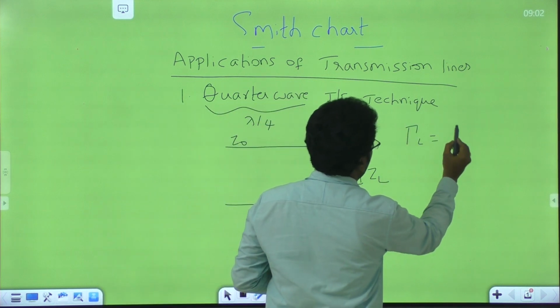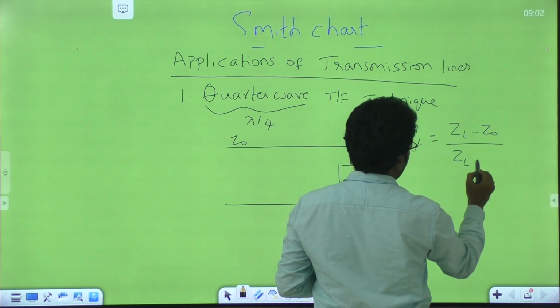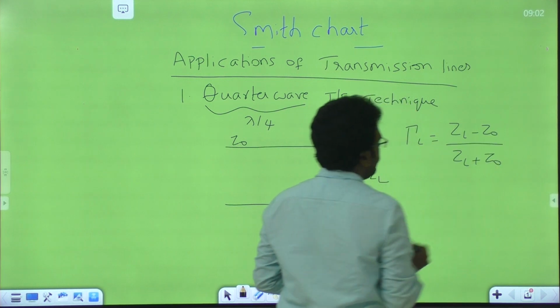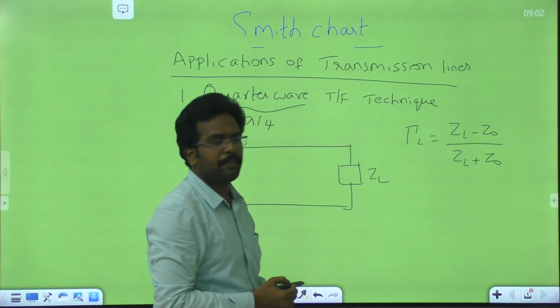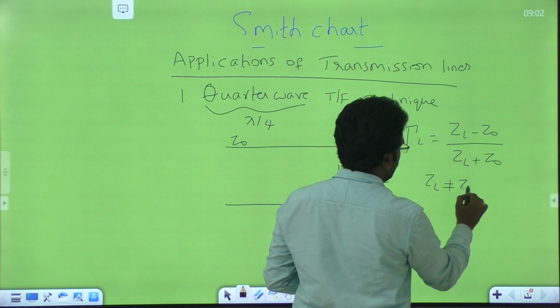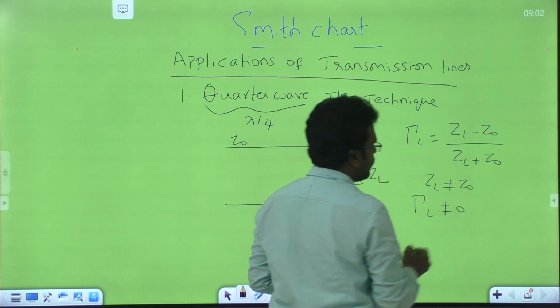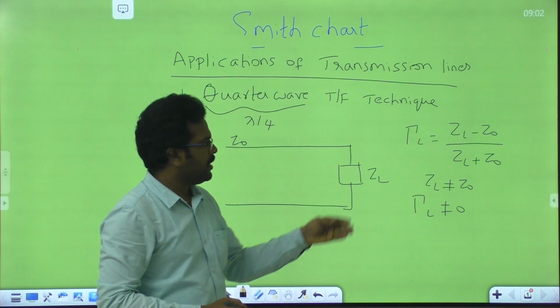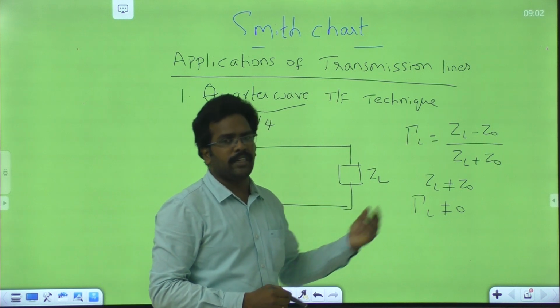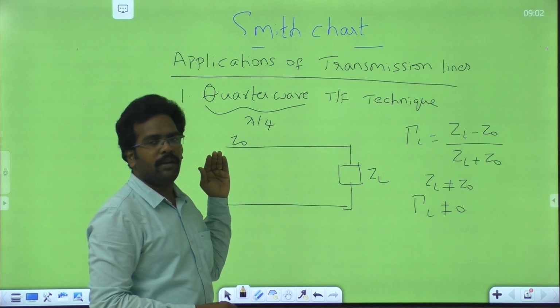Gamma L is equal to (ZL minus Z0) by (ZL plus Z0). If ZL is not equal to Z0, then gamma L does not equal 0. It has some value, which indicates there is some reflection present, so a fraction of the wave will be reflected back to the source side.